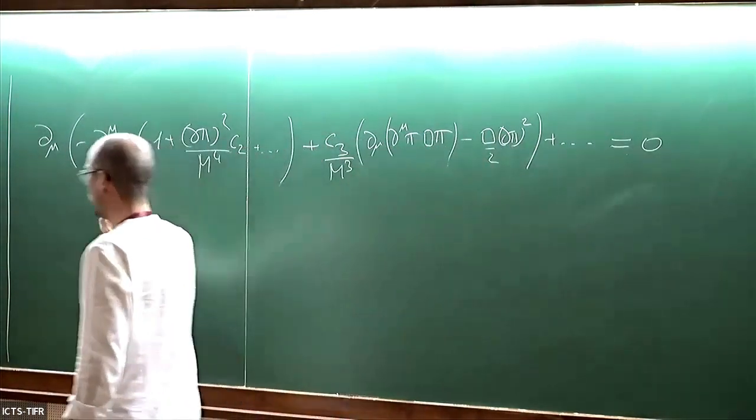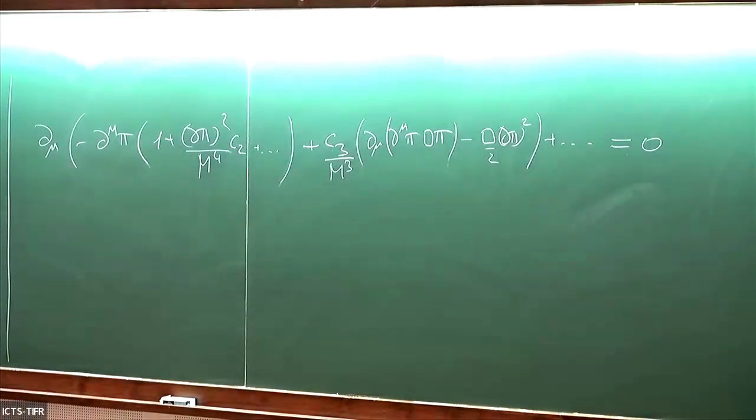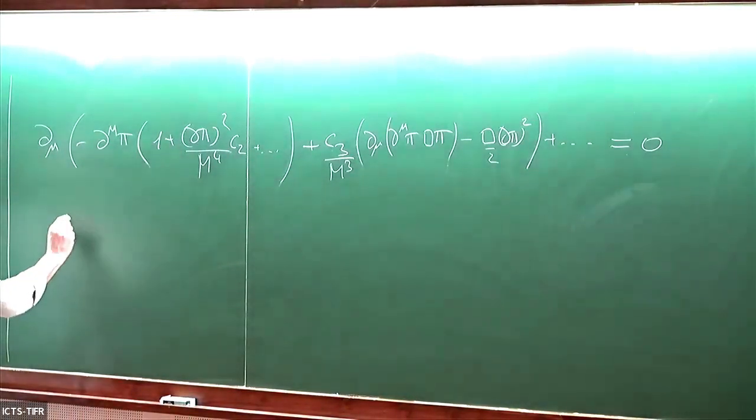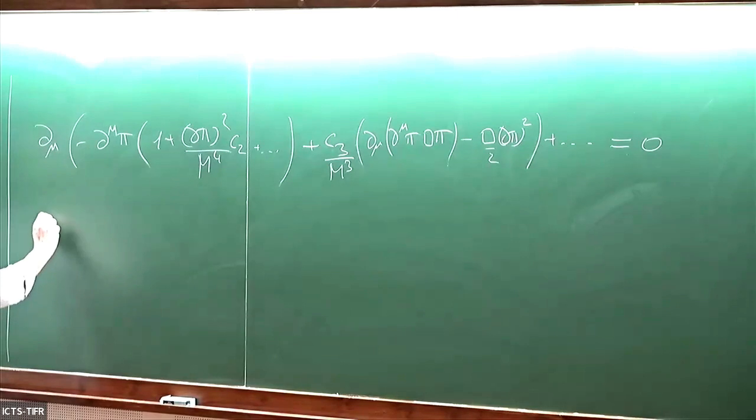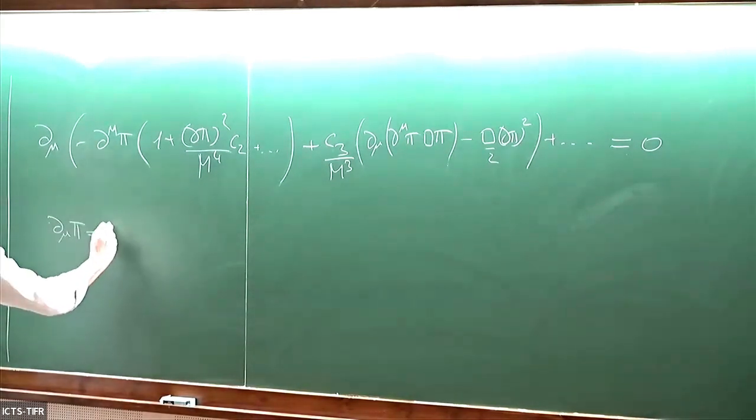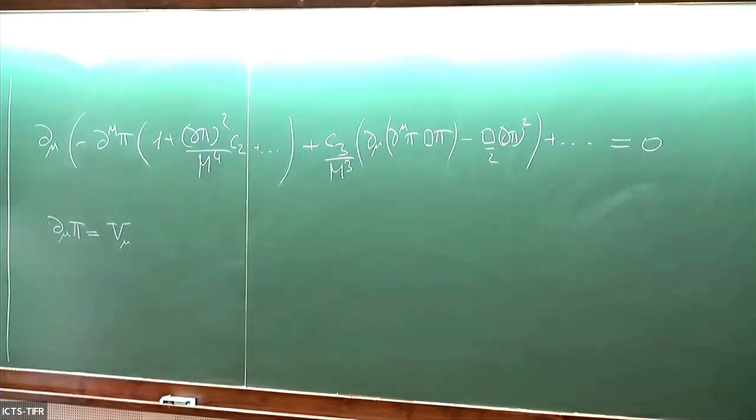A solution of these equations of motion is the following: you take ∂_μπ constant, so some constant vector. The solution, in some region of space, in this case very large, where you are deep inside and neglecting what happens at the boundary, breaks Lorentz symmetry spontaneously.